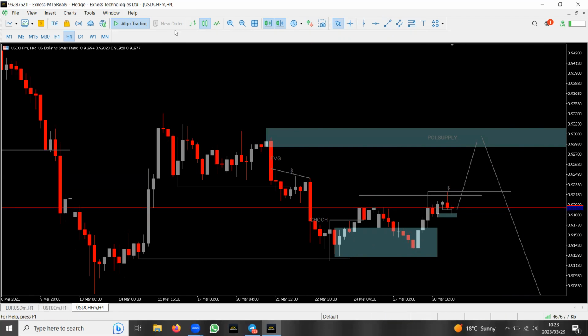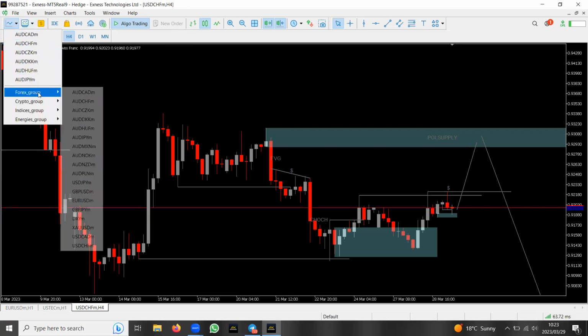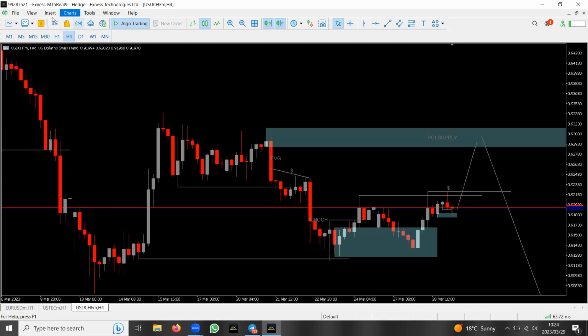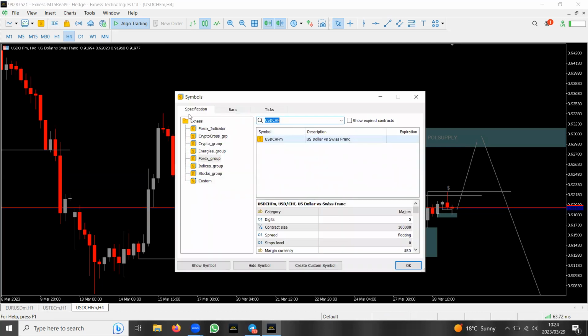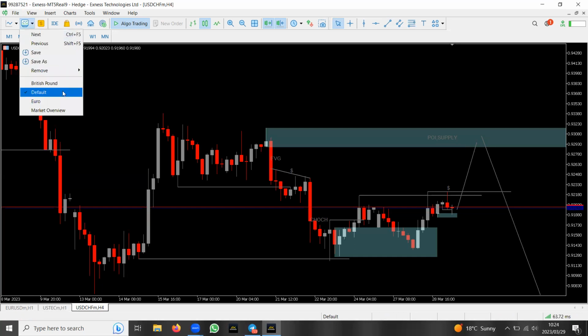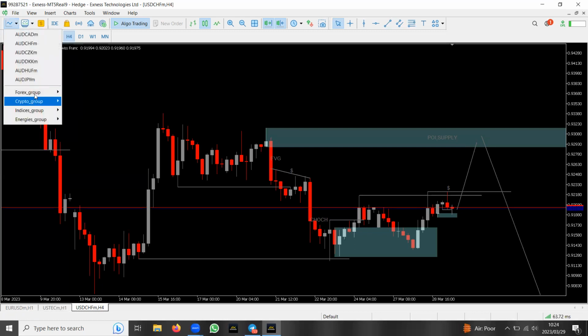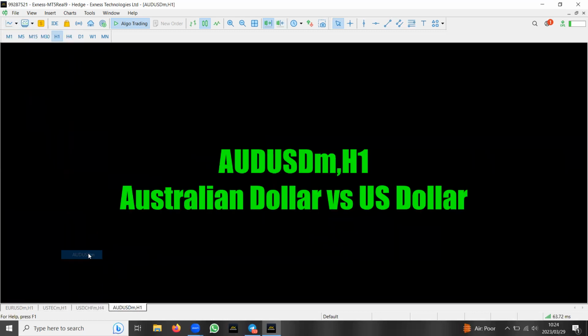Another one. Let's try AUDUSD. Yeah, I would rather stick to majors for now. Before I go for big money, I should go for at least, you know, you've tested forex.